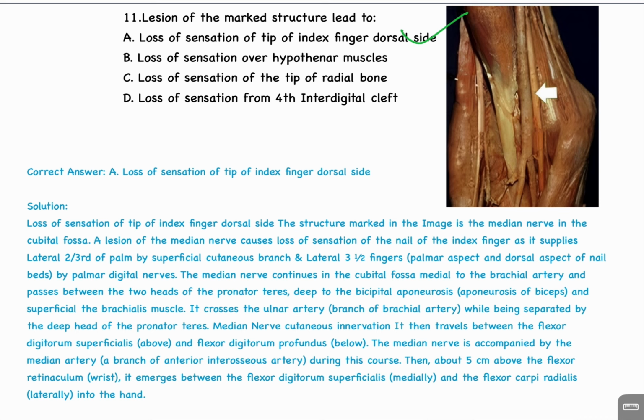It then travels between the flexor digitorum superficialis and flexor digitorum profundus. The median nerve is accompanied by the median artery during this course. Then, about 5 cm above the flexor retinaculum, it emerges between the flexor digitorum superficialis and the flexor carpi radialis into the hand.